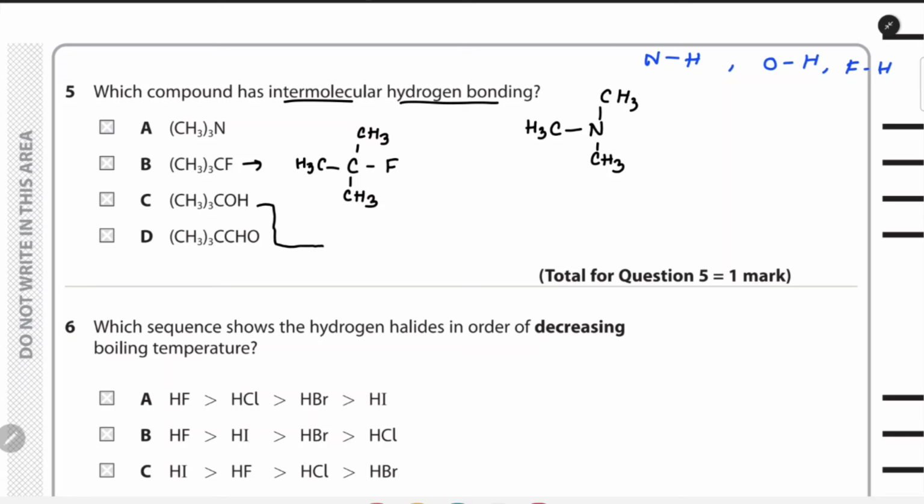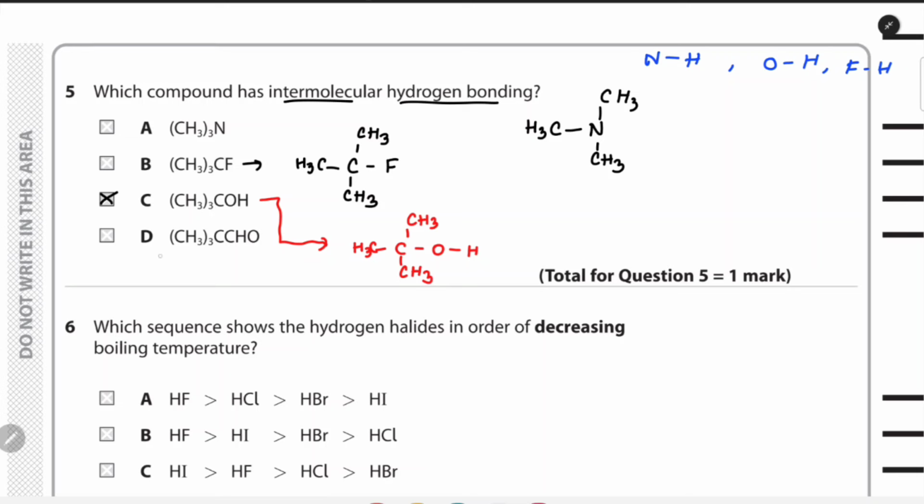If I look at option C, we have C-OH with CH3, H3C, CH3. Here we do have an OH bond, so we can form hydrogen bonds from here.